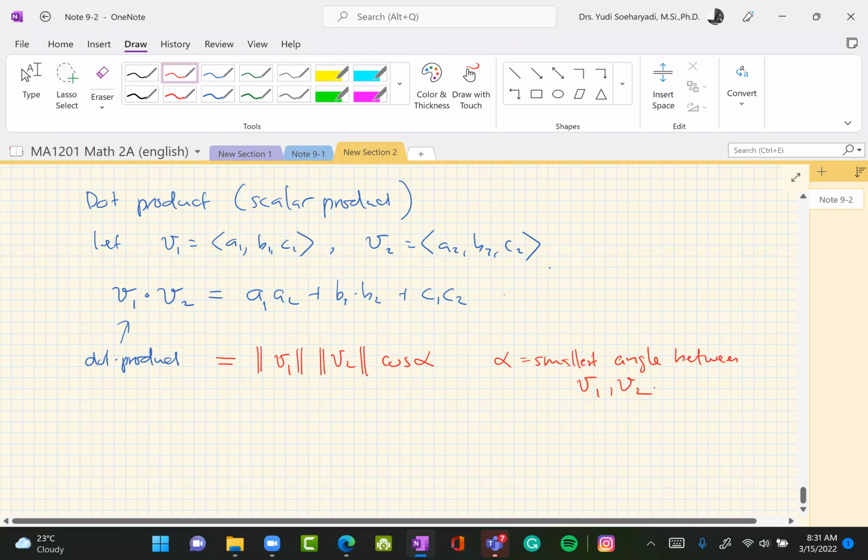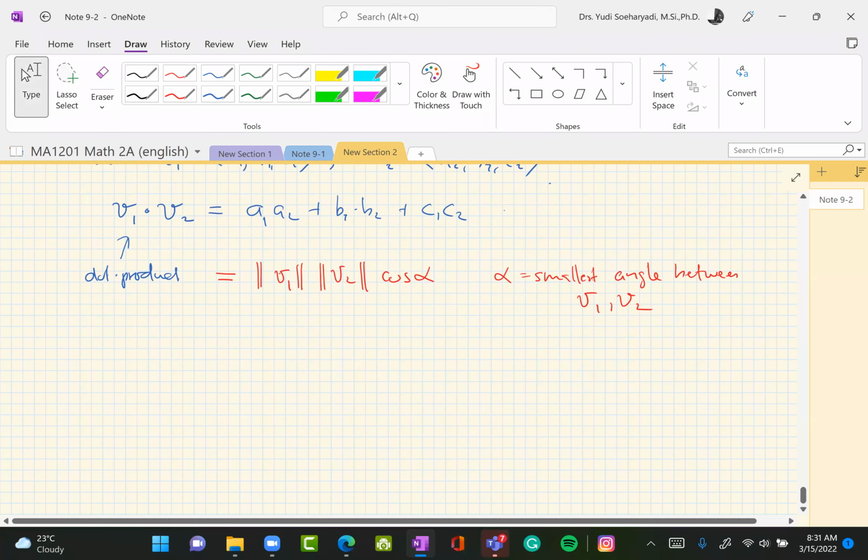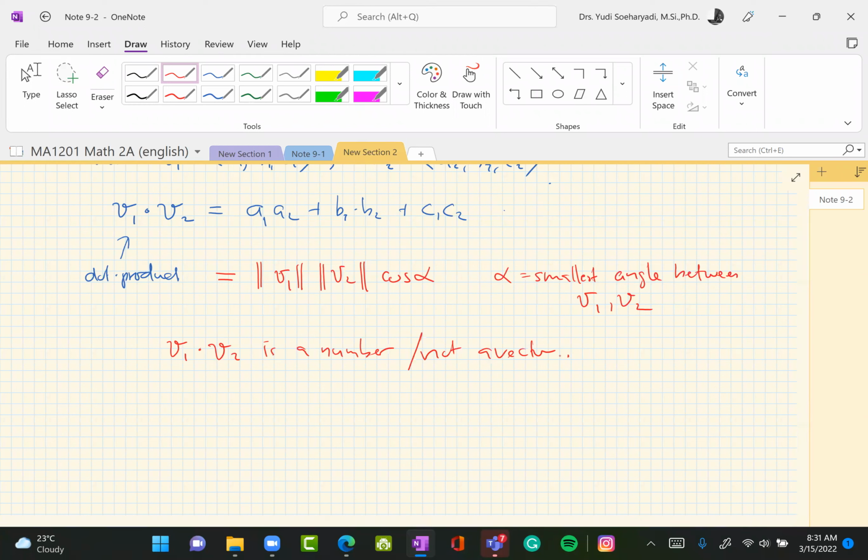So that's the same. The thing here is that V1 dot V2 is a number, not a vector. In that sense, this product doesn't give you a vector, just like if you multiply a number by a number, you get another number. So it turns out to be another species, not a vector anymore. So this is not a real product.